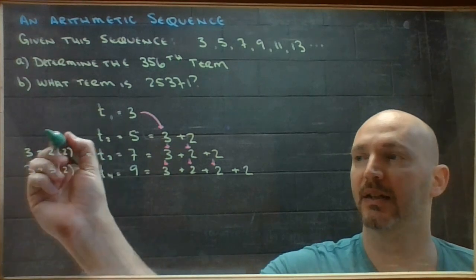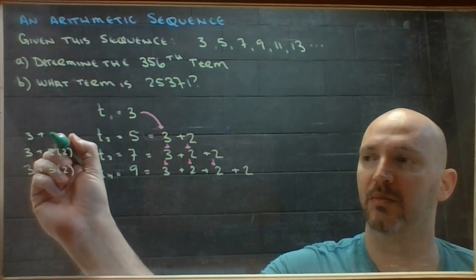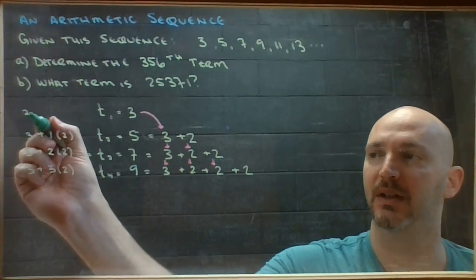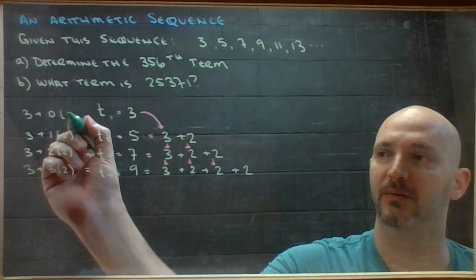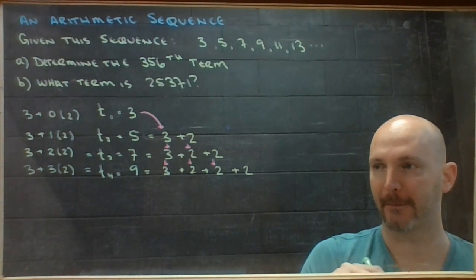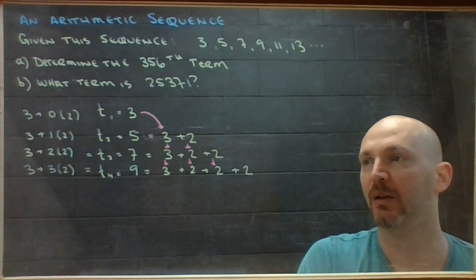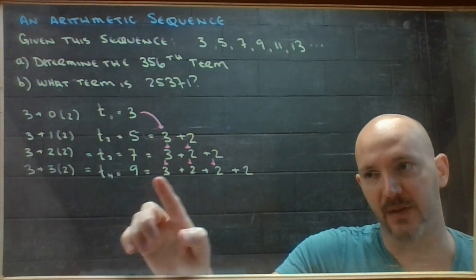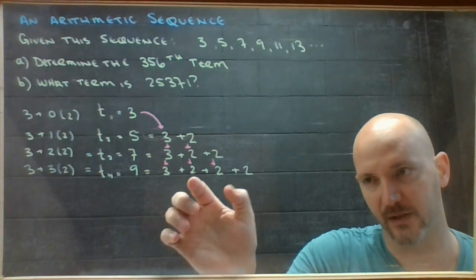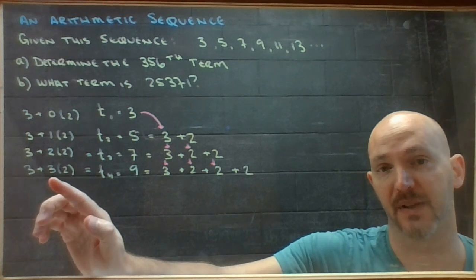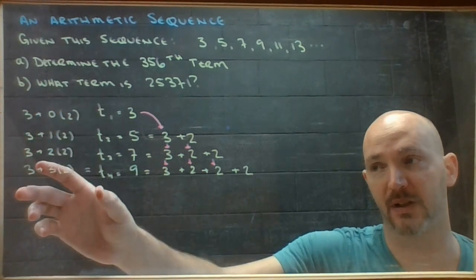And this line is 3 plus 1 2, and this line is 3 plus 0 2s. All right. So if I write them out this way, trying to figure out the jump each time, and then counting how many jumps I've got, I start to get a pattern showing up like this.